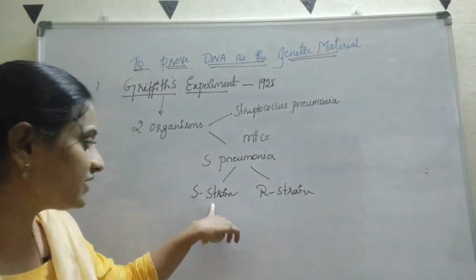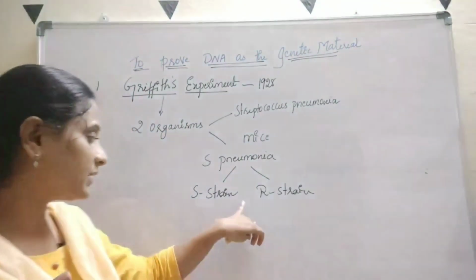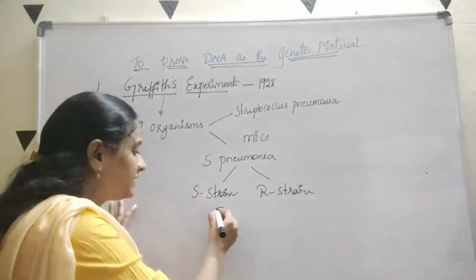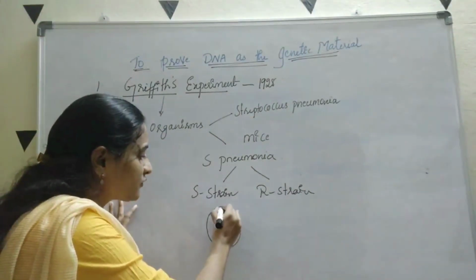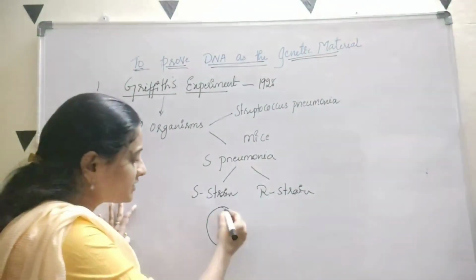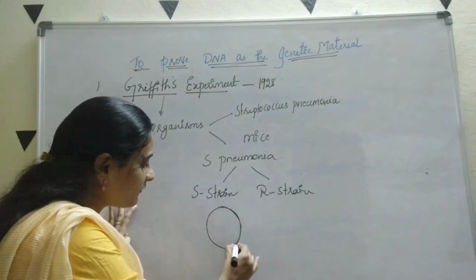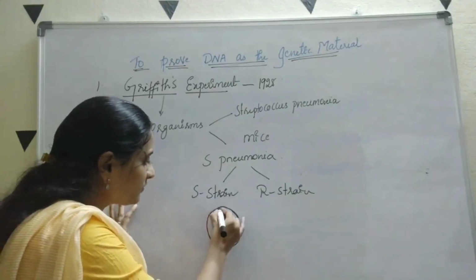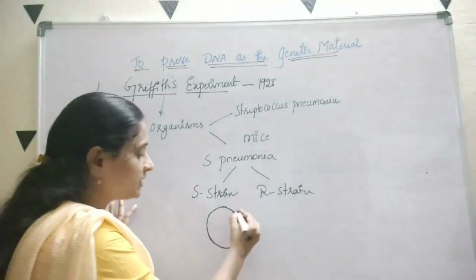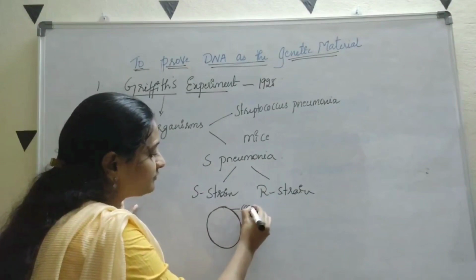The name itself indicates it: in the smooth strain, the outer surface of the bacteria is covered by a smooth membrane. This smooth membrane is called the capsule.